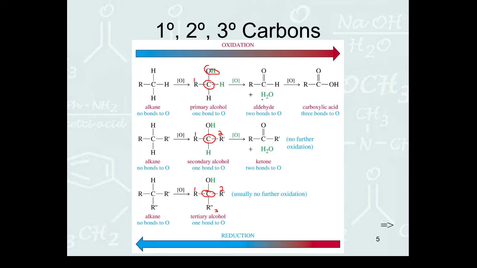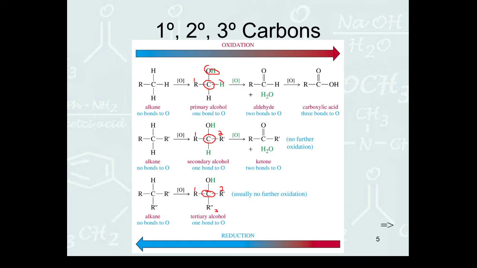The thing about that is it's not well regulated, and my aldehyde will immediately go to a carboxylic acid. So once I start oxidizing a primary alcohol, I will get an aldehyde, but eventually I'll turn into a carboxylic acid. Key here, I'm being oxidized.